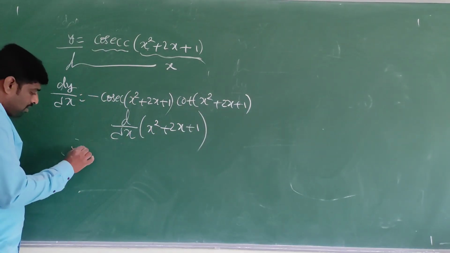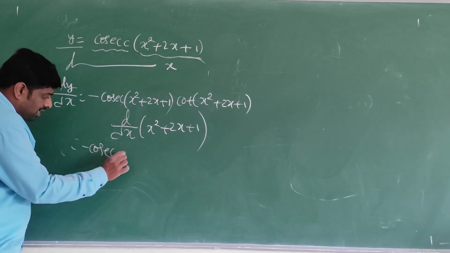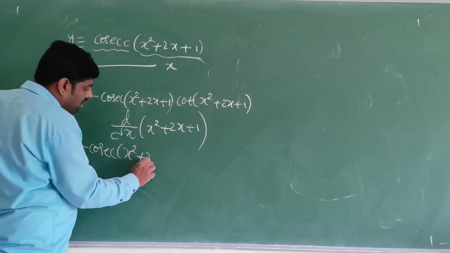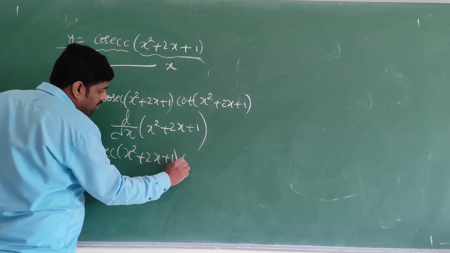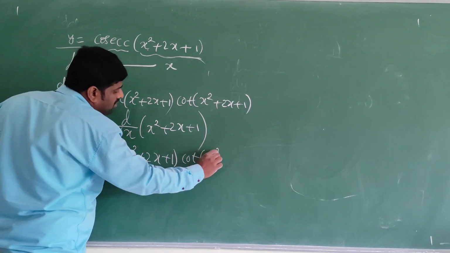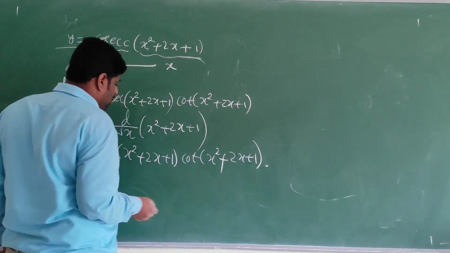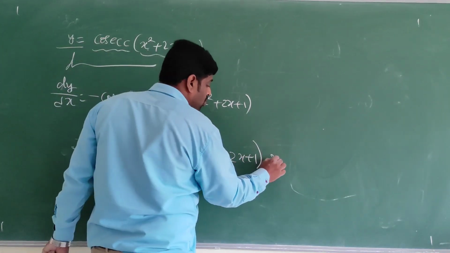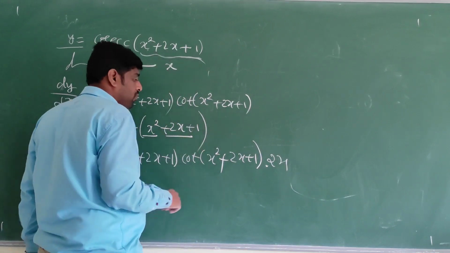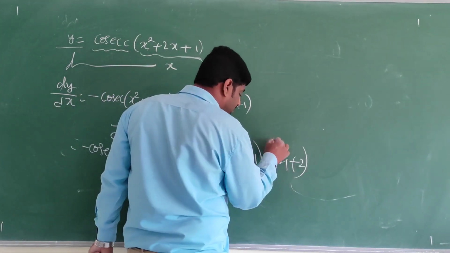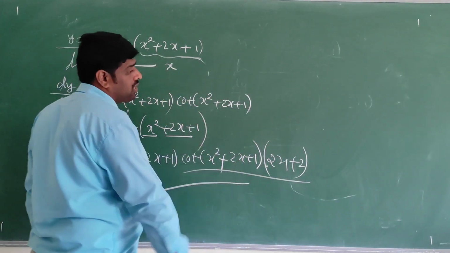Here d by dx of x square is 2x, d by dx of 2x is plus 2. This is the derivative of your function.